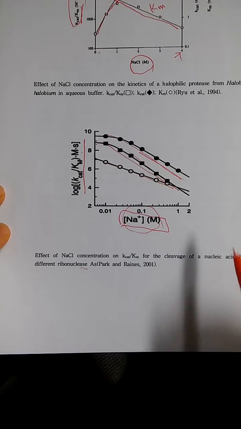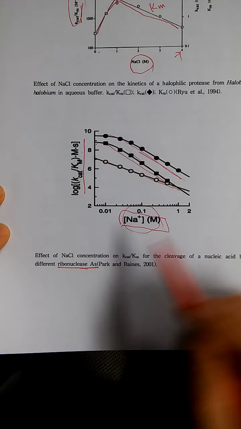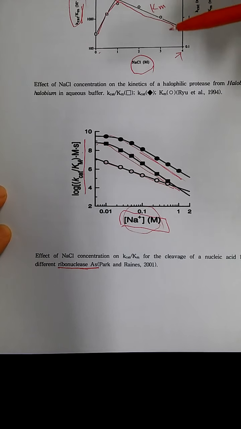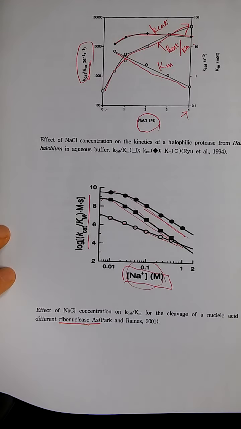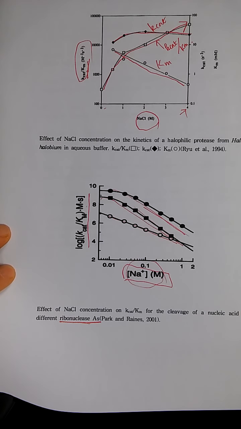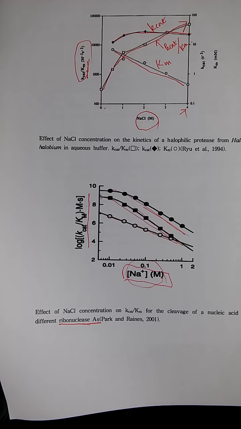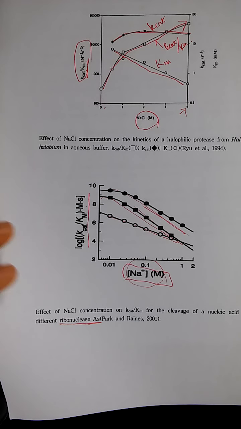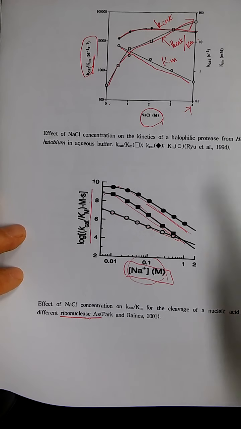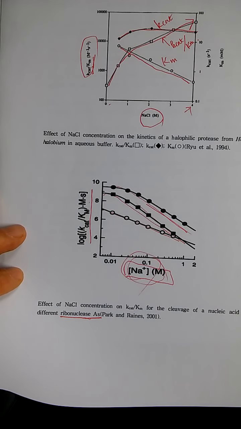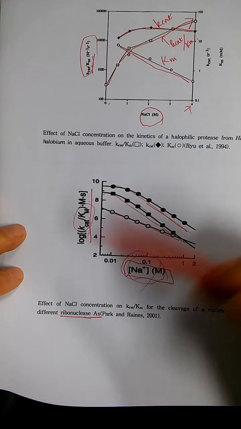That's probably because this enzyme, ribonuclease, is just a normal enzyme, not a halophilic enzyme. So if you have halophilic enzymes, they show higher catalytic power with increasing salt concentration. However, for normal enzymes, if you increase the concentration of salt, probably the catalytic power decreases.